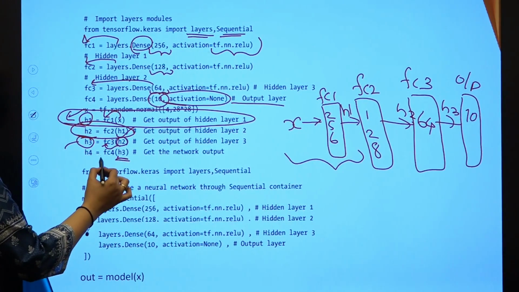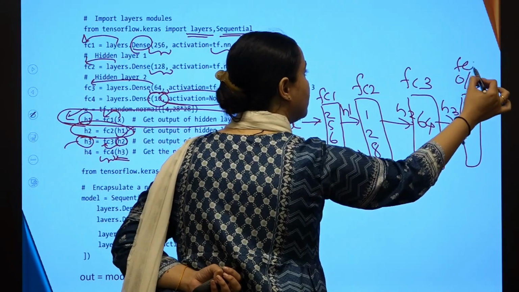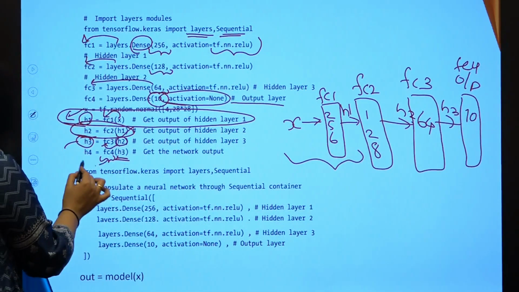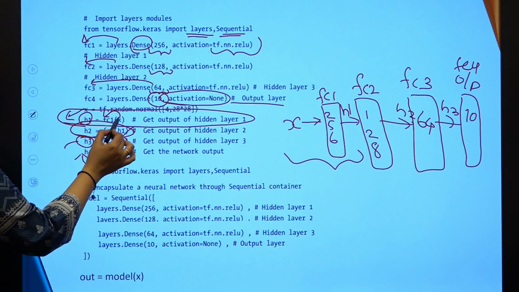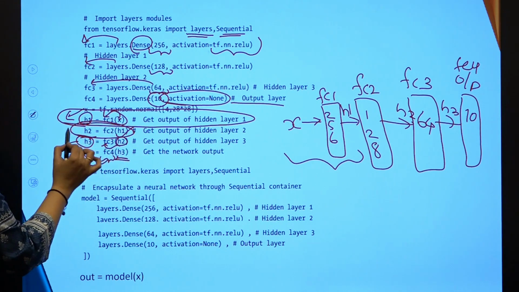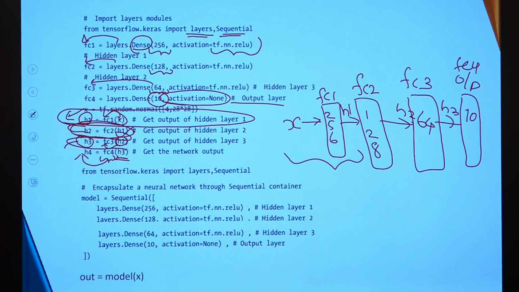So H3 is given to FC4, I am calling the output layer FC4, and what I get as output is H4, which is my network output. You can see that these inputs pass through sequentially one after another, creating a model like that. Thus we are creating a sequential model.